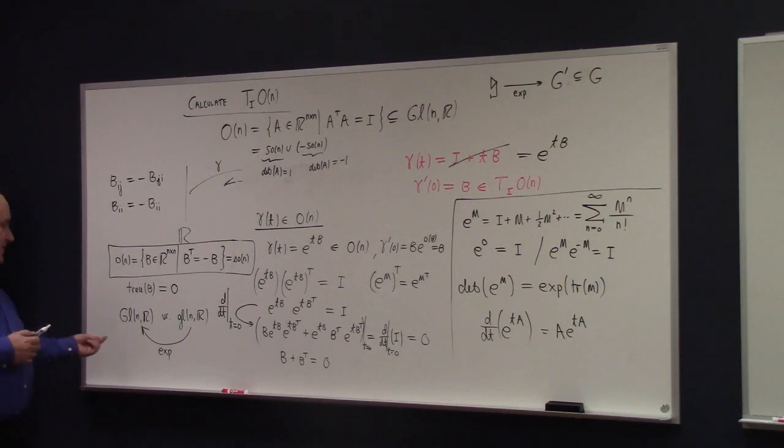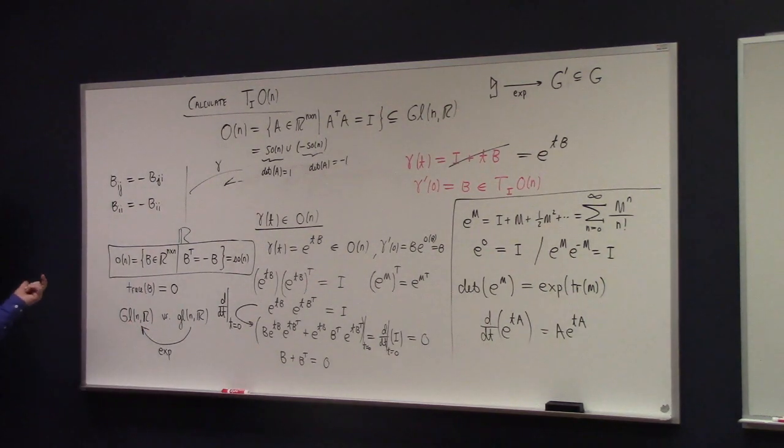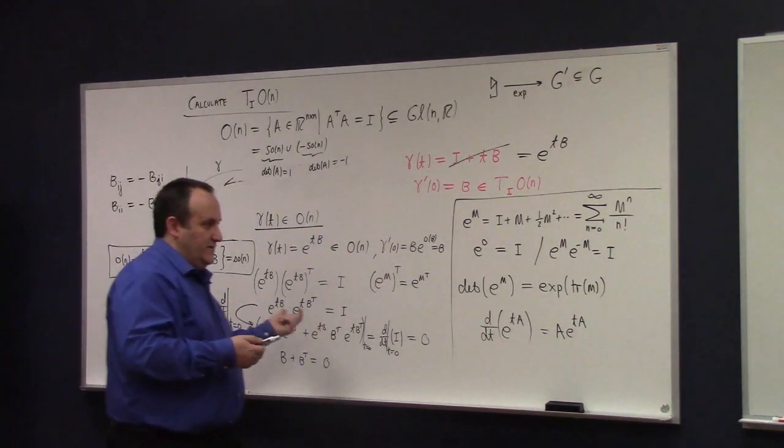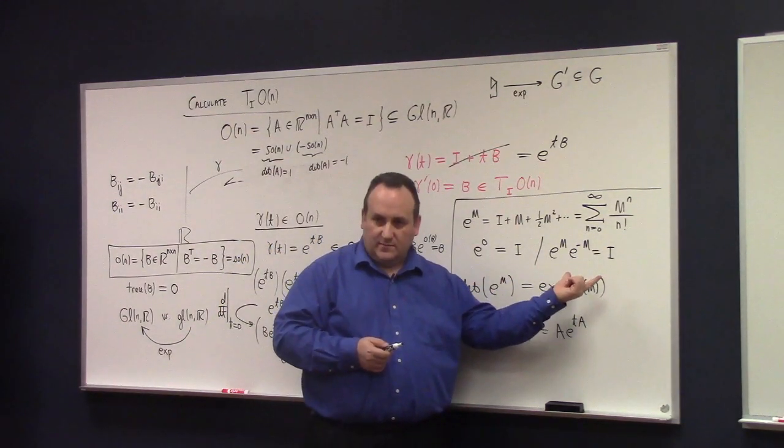Essentially the proof that the exponential of a matrix is in here is, well, there's various ways to look at it. This identity shows you the exponential of any matrix is invertible.